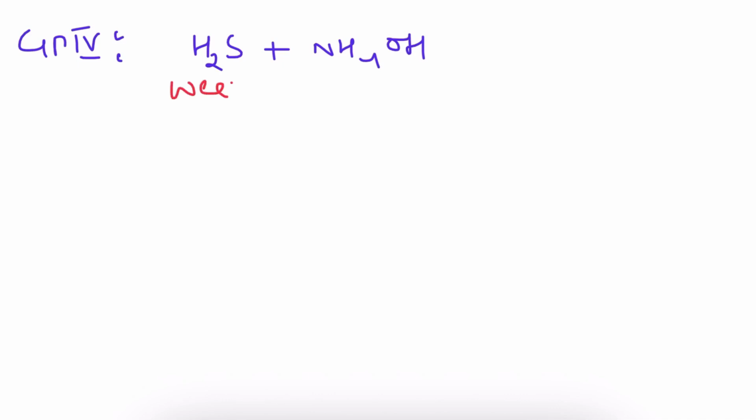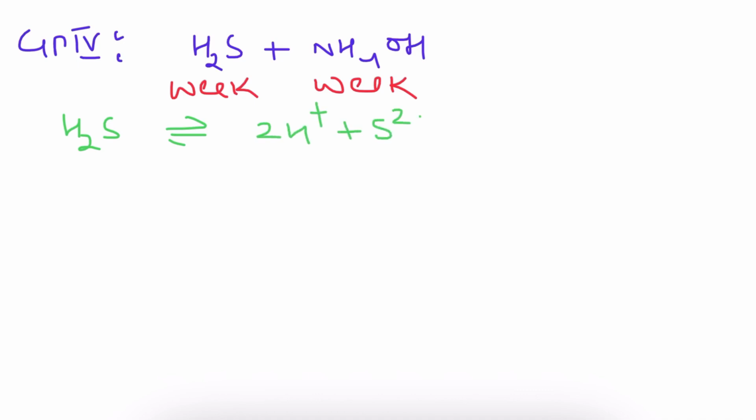Let's discuss group 4, where we have H2S in the presence of ammoniacal solution. Both are weak electrolytes here. So H2S produces H plus and sulfide ion.